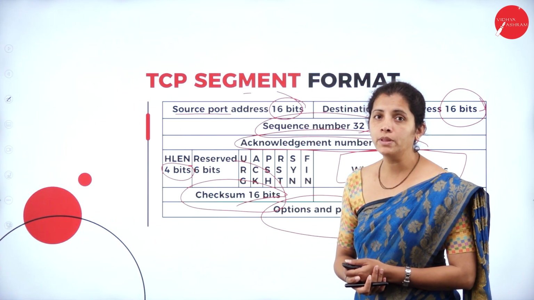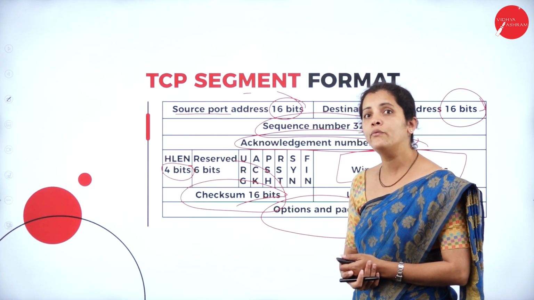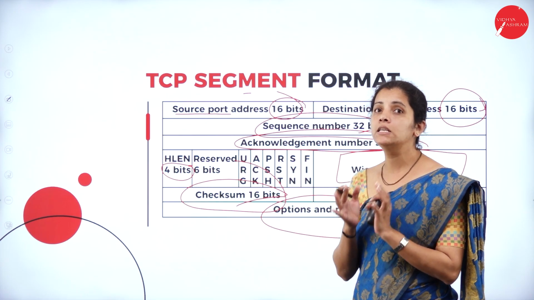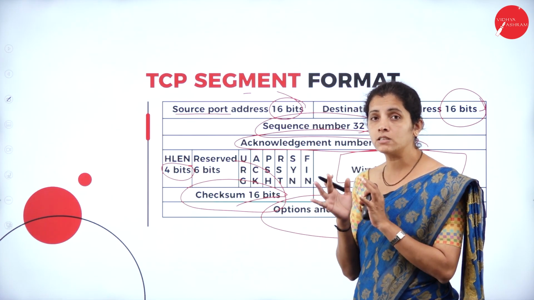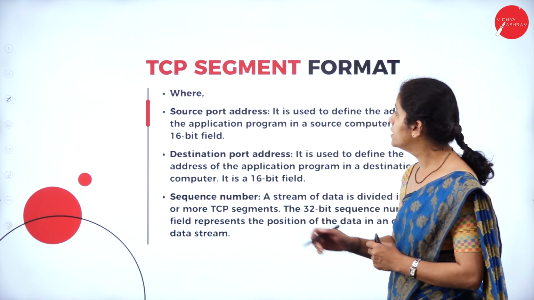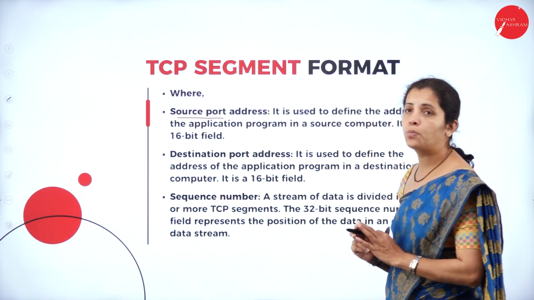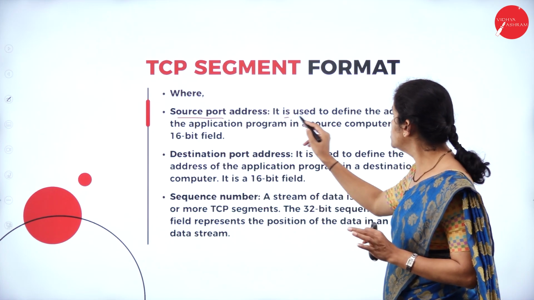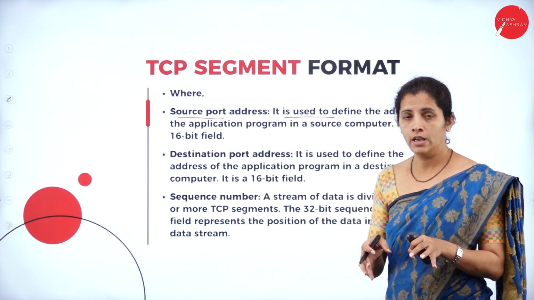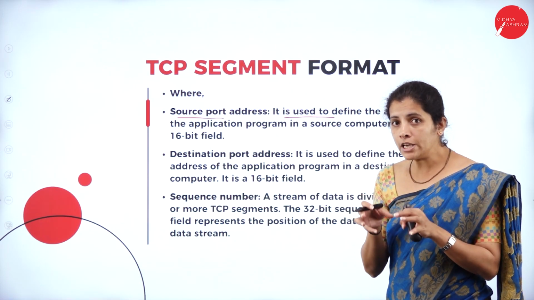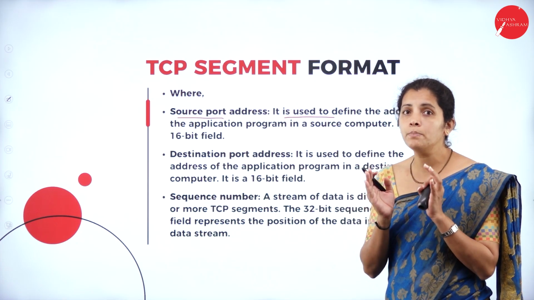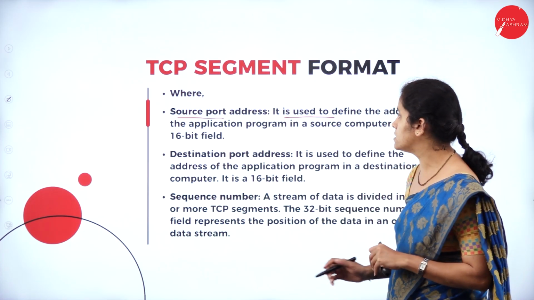Dear student, from the examination point of view, both the UDP and TCP segment formats are very, very important. Now, what is the source port address? It is used to define the address of the application, that is, the sender side machine port address.